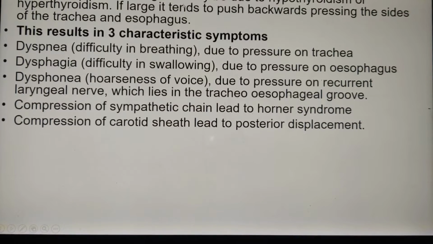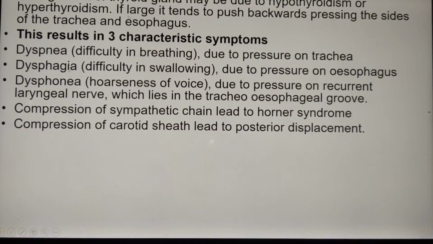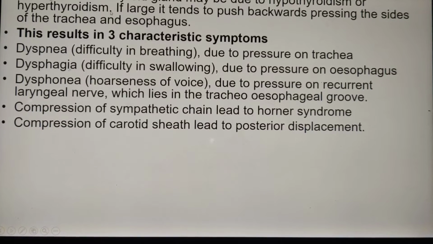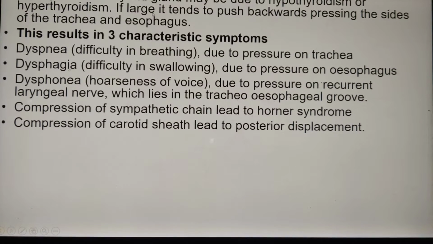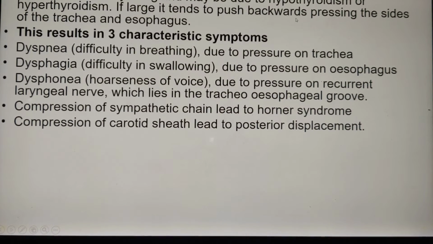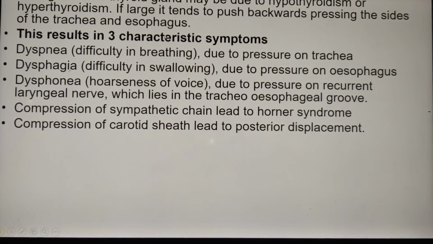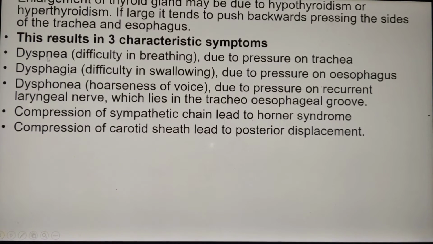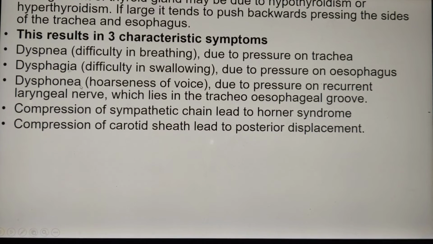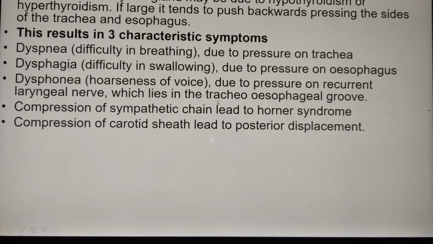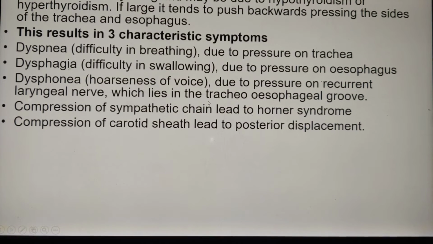Enlargement of the thyroid gland may be due to hypothyroidism or hyperthyroidism. An enlarged gland tends to push backward, pressing on the sides of the trachea and esophagus, leading to three characteristic symptoms: dyspnea, difficulty in breathing due to pressure on the trachea; dysphagia, difficulty in swallowing due to pressure on the esophagus; and dysphonia, hoarseness of the voice due to pressure on the recurrent laryngeal nerve, which lies in the tracheoesophageal groove.